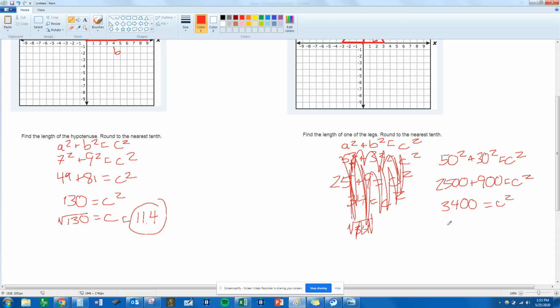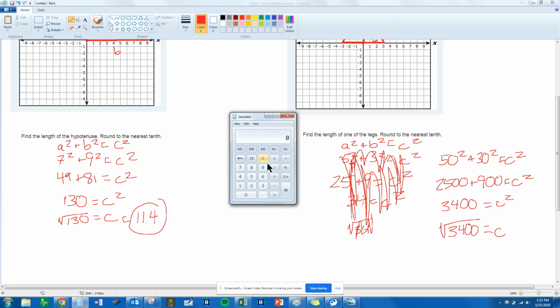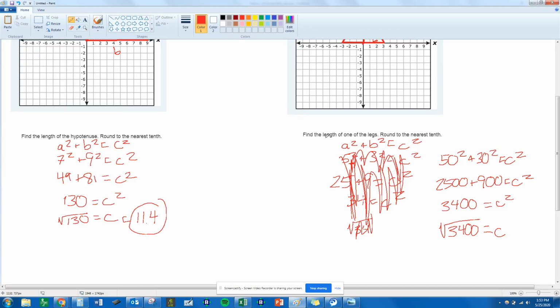And starting from here, I'm going to take the square root of 3,400. Again, that'll equal c. And again, I'm going to turn to the calculator to calculate that. So clear here, 3,400 and take the square root is 58.3 units. So that's going to be about 58.3.